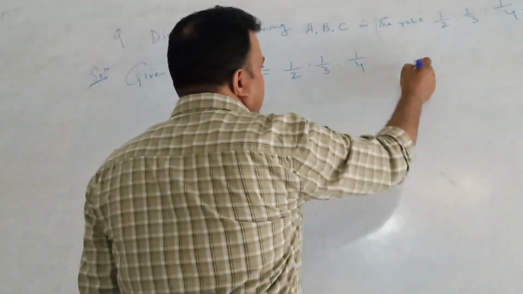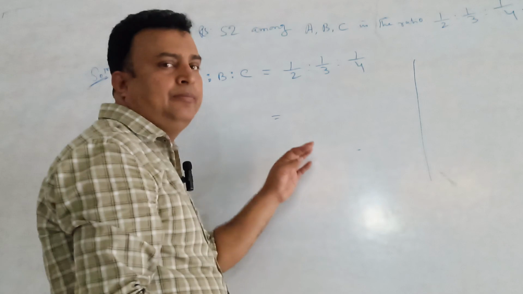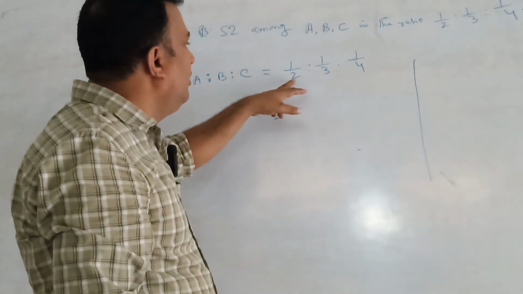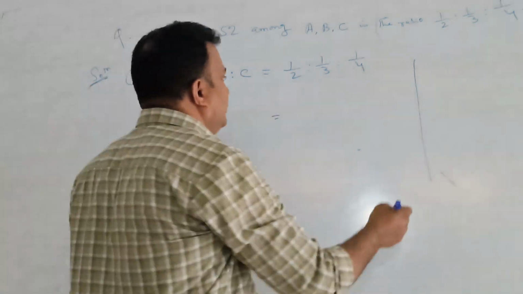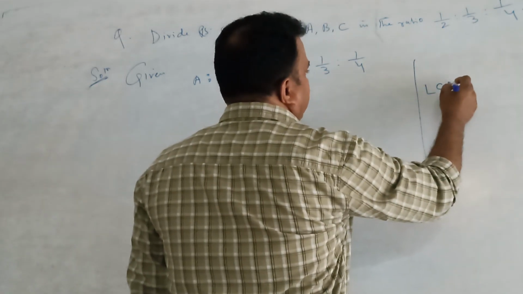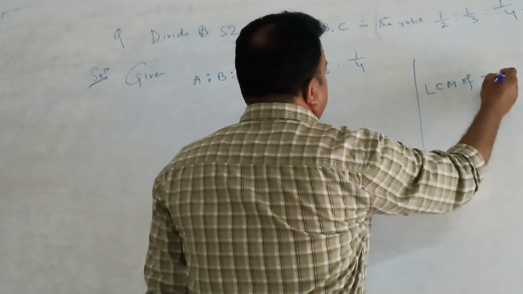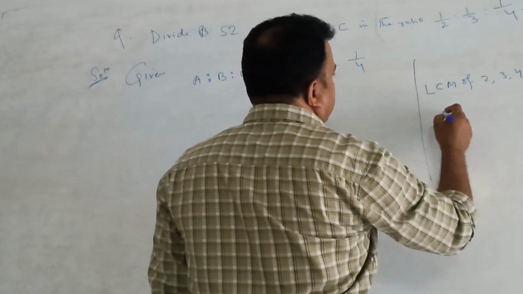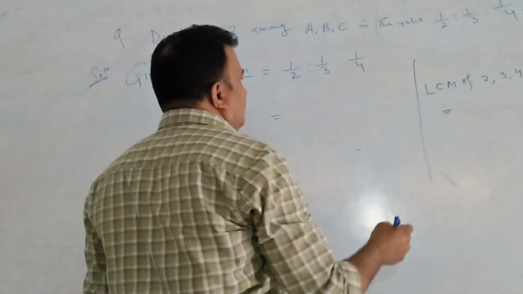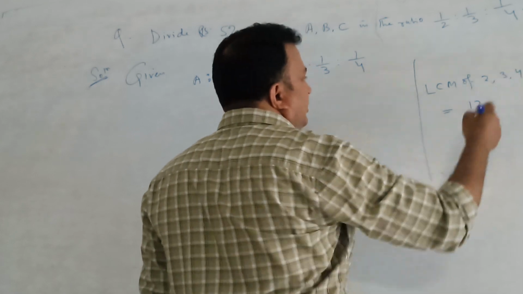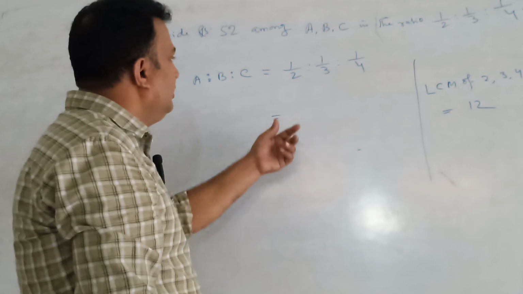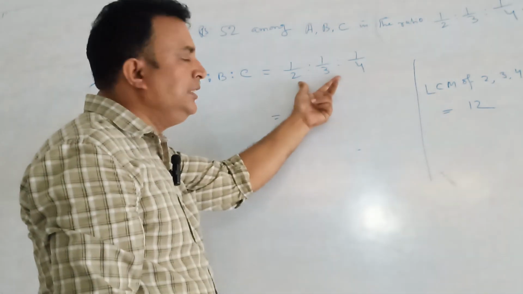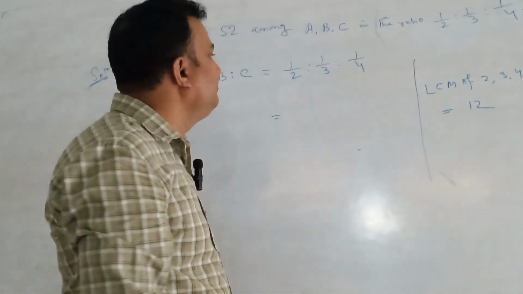Now, what is the LCM of these three terms? Denominators of these three terms: LCM of 2, 3, 4 is equal to 12. LCM is 12. Now, we have to multiply all these three terms by this LCM.